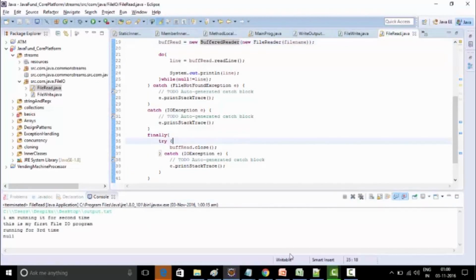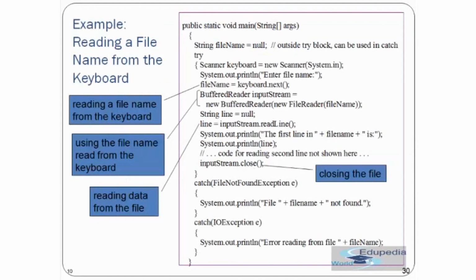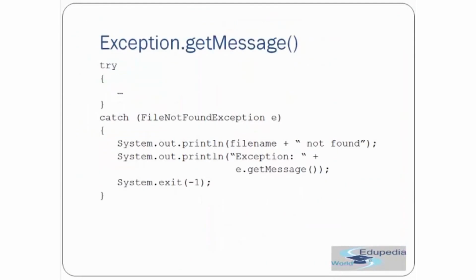So let's move back to our PPT. The next topic is Exception.getMessage. In the previous example, although we are not using it over here, we should use e.getMessage, that is, we have to actually print the stack trace. This is really important, because we should know the exception.